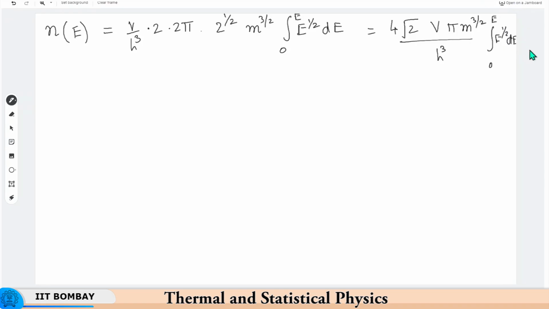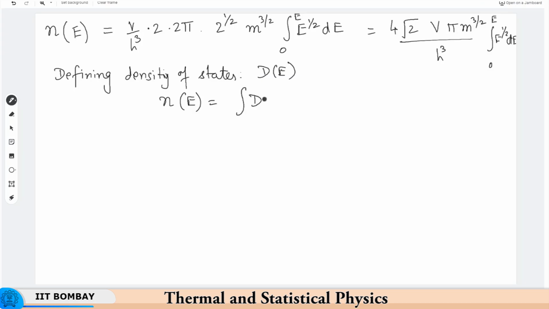Okay. So now we can define the density of states as follows. The density of states, integrated over an incremental energy dE, will give me the total number of microstates. So if we compare these two expressions, we can see that the density of states grows, most importantly, as E raised to the power half, with some coefficients in front, which is 4 pi V times square root of 2 m raised to the power 3 half divided by h cube, right.